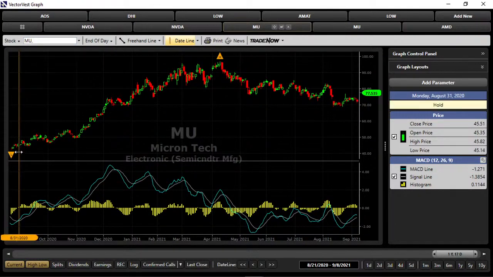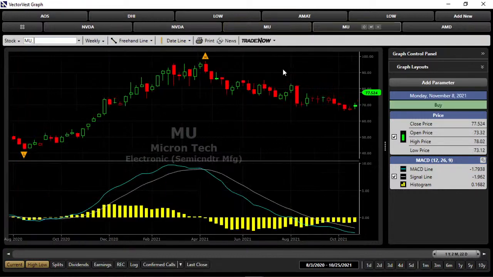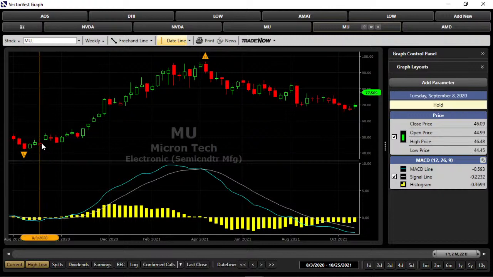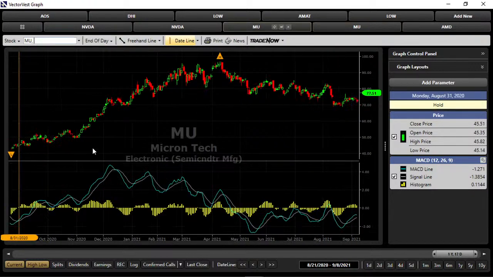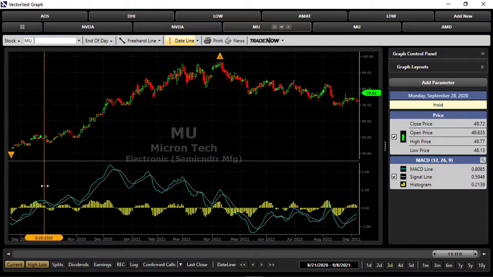So with a daily chart, we could look at this crossover here in August. Let's go back here. This was your first initial bullish crossover. Bearish cross, you exit. Bullish cross, you're coming off of another higher low, you enter.